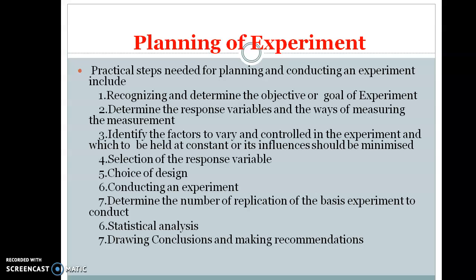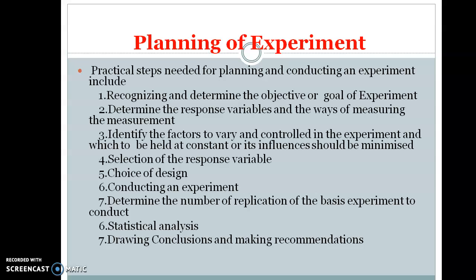Then we need to make a selection of the response variable. If we are analyzing different factors for an experiment, what type of factors do we need to select for this response variability.